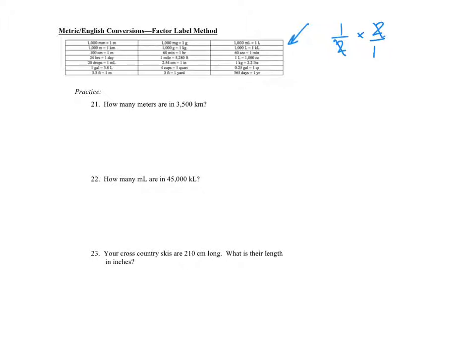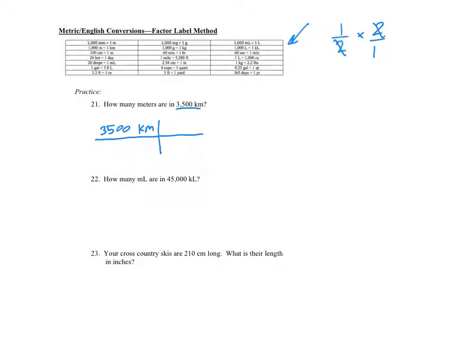So when we look at these problems, you're always going to be given one number. You always start with what you're given. So before you do anything, I'm going to take the 3,500 kilometers, that is what I was given in my problem. I'm going to include the unit, that is very important, and I'm going to set up what we call a tic-tac-toe board. You may see in some textbooks they set it up in fraction form, and then they multiply by another fraction and so on.